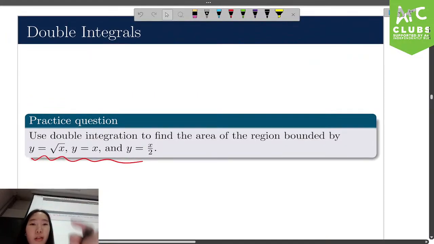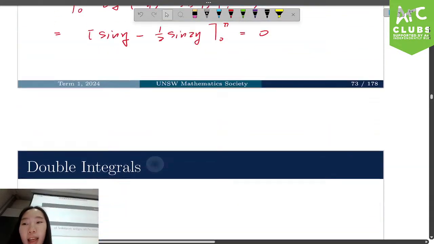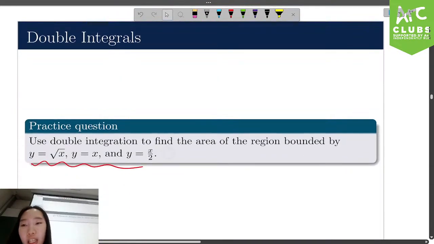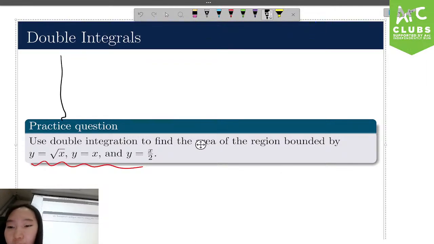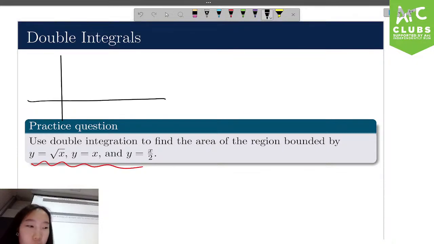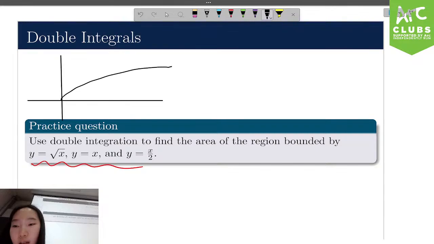Okay, when we encounter questions that involve integrations, the first thing we need to do is draw the diagram. We have the bound y equal to the square root of x, which goes in this way.